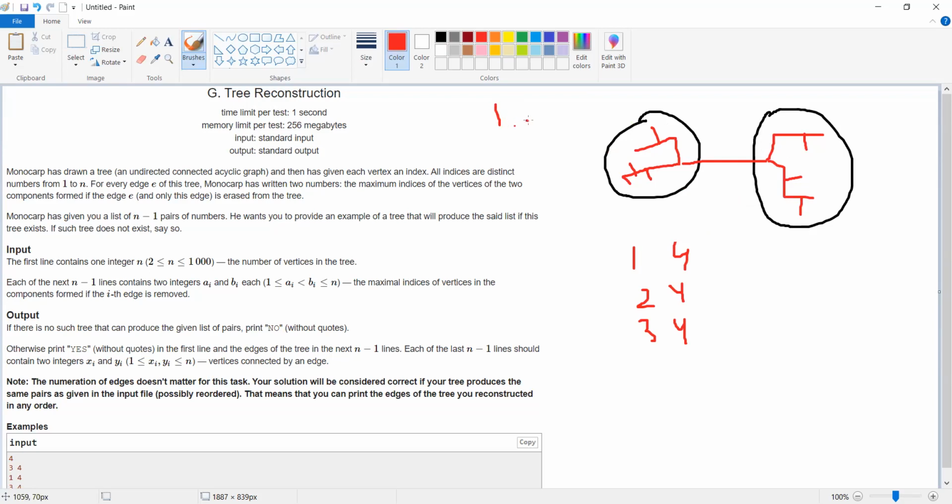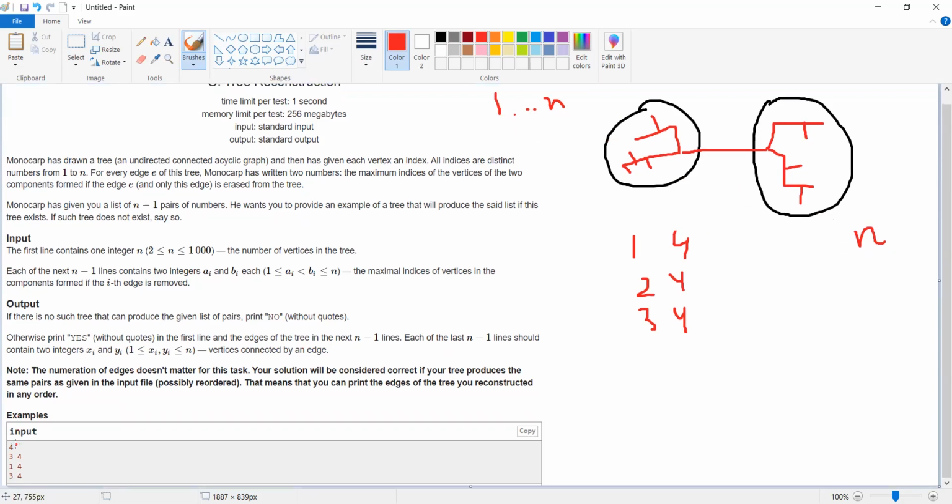We have vertices 1 to n, and the vertex n must be either on the left or on the right. So all our outputs must contain the number n. Thus, in the example of inputs, we need to check that in each pair one number is the maximum number.